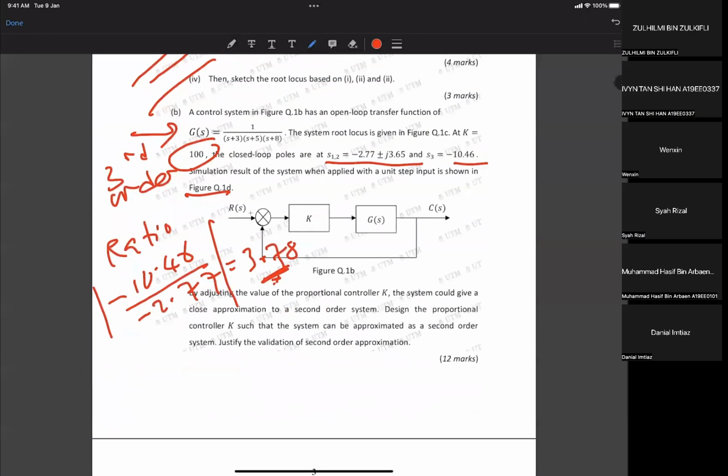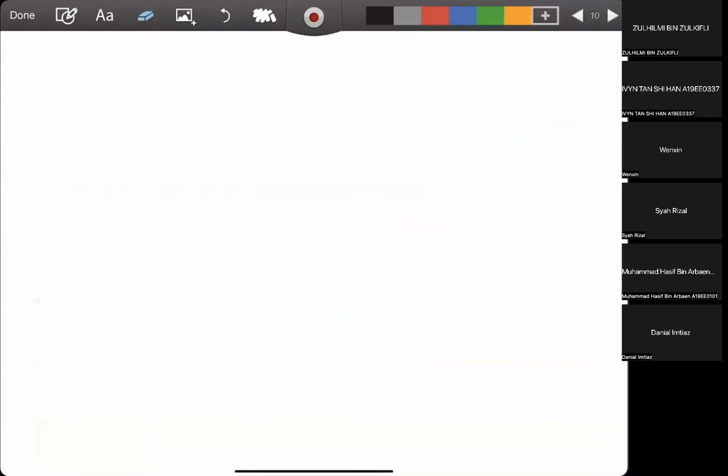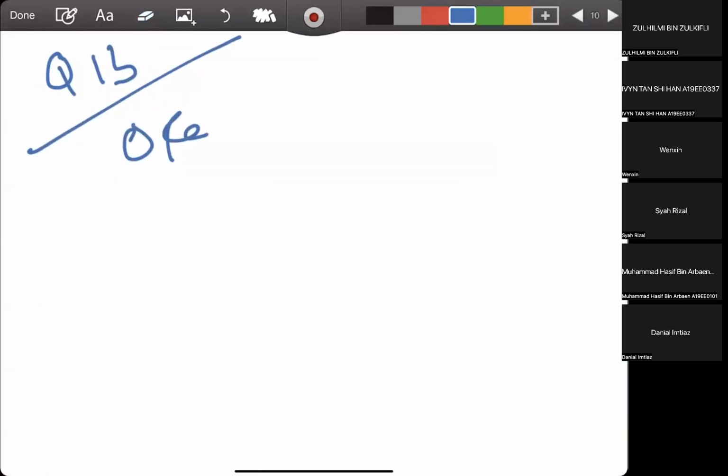So by adjusting the K, the system could give a close approximation to second order system. Originally it is purely third order. Design a P controller so that we can get the second order approximation, justify the validation. So this question actually is an open-ended question.